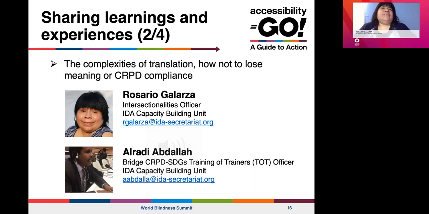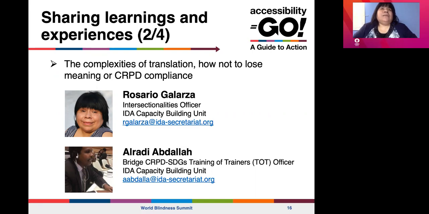And sometimes, I have problems in many documents, not in this one, when I have to translate reasonable accommodation into Spanish, and sometimes the translation is not accurate. That's because they haven't reviewed maybe the CRPD language, so they don't have an accurate translation of some terms, some definitions of the CRPD. And also when you say on an equal basis with others, sometimes this definition is not accurate when you translate into Spanish.